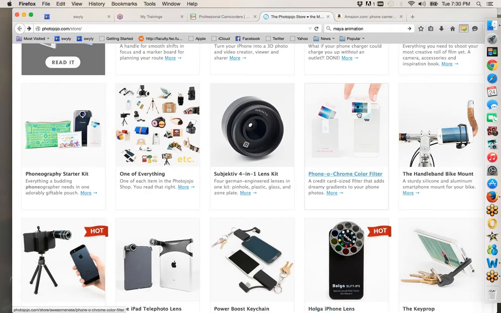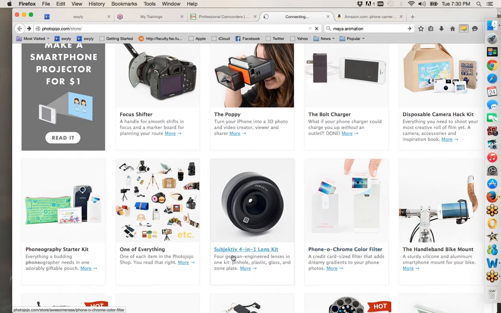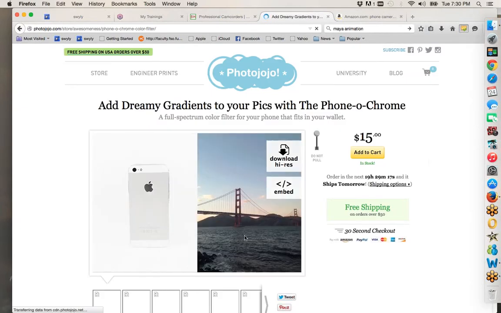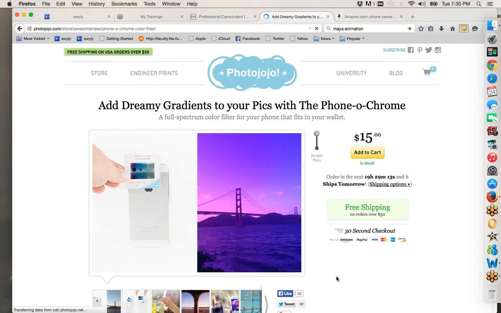So here's color filters, tons of stuff. And again, the price of these things, I don't know how much this is, but it's enough that you can sort of get it and play with it and see if you like it. $15. And here you can see the different things that they do.